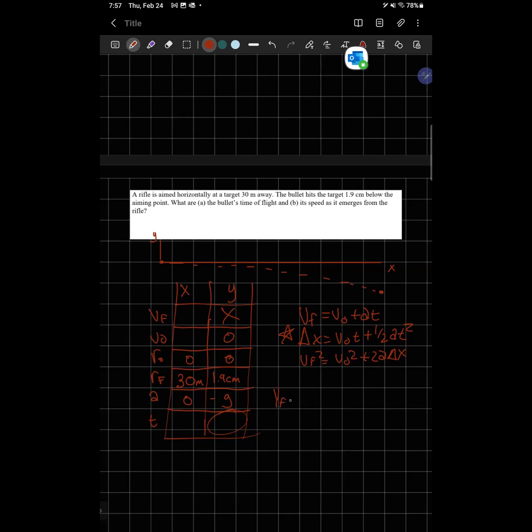Y final minus Y initial, this is going to go to 0, plus 1/2 AT squared. And also this is 0.